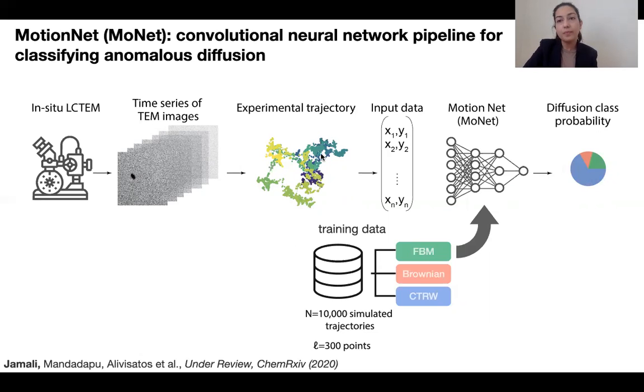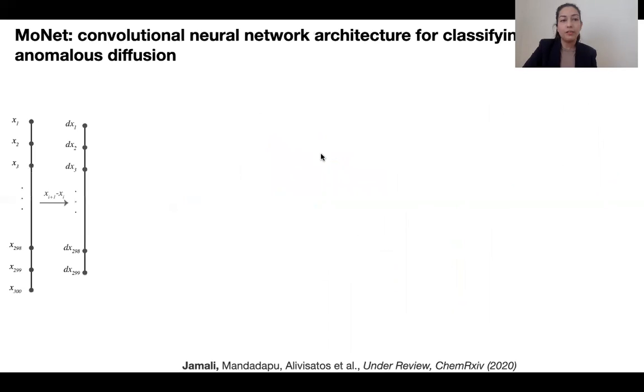Now, if we look at what MoNet is doing in learning from the data, it takes this trajectory vector, makes the trajectory increment vector dx, and tries to find the convolution of this trajectory increment vector with these filters of size, for example, k equals 3, and a dilation of 1, which shows how many steps it's looking at at the same time.